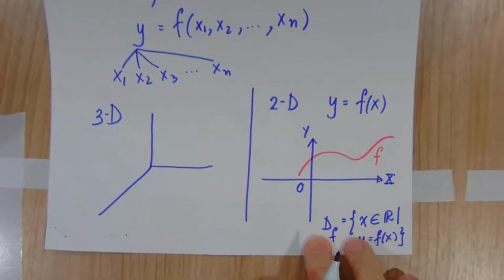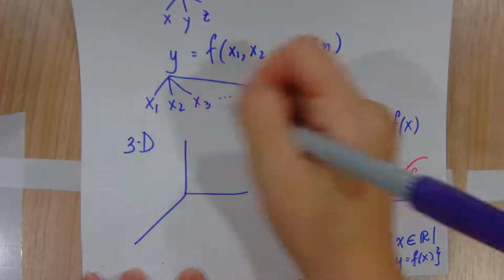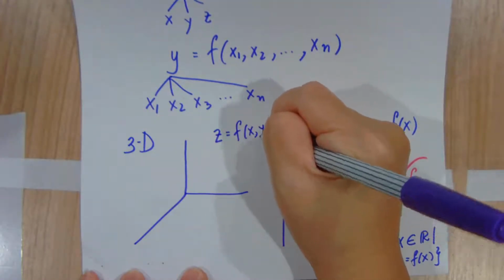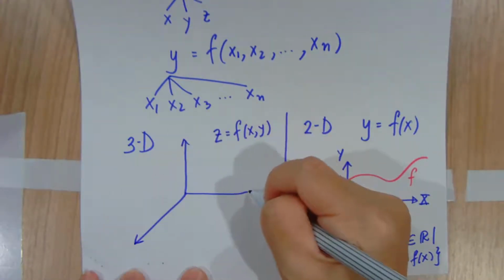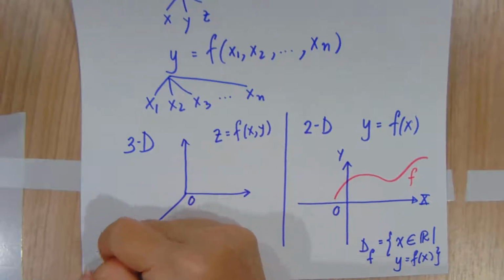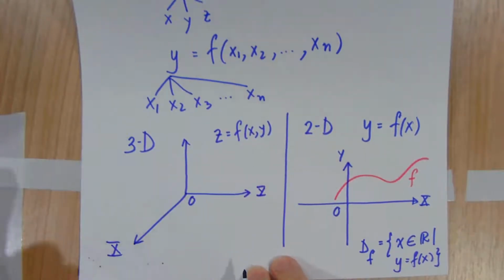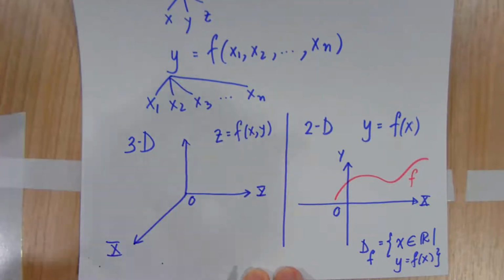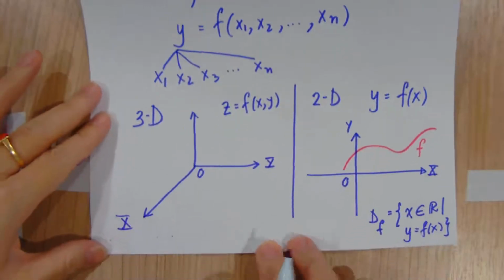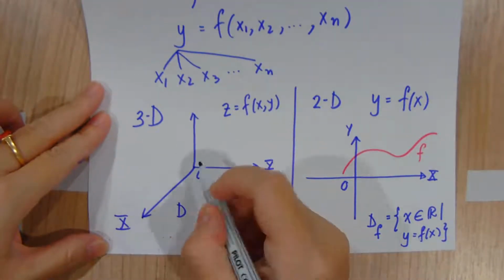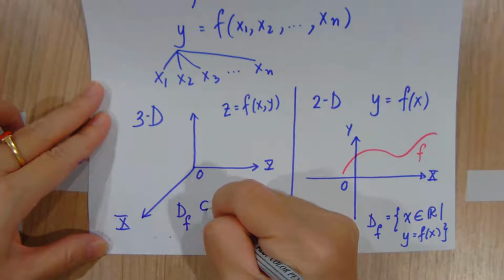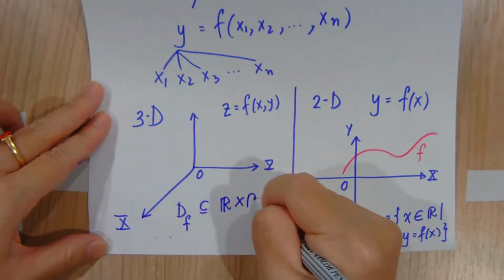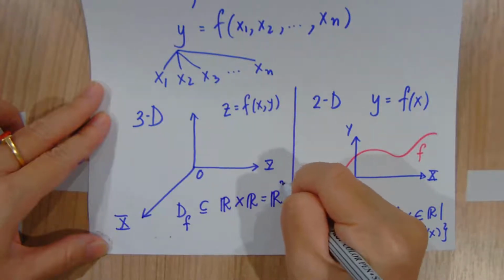Okay. And then in calculus 2, if we talk about functions of double variables, you can see that the domain is the set of points (x, y). That means that the domain of the function f is a subset of R square.